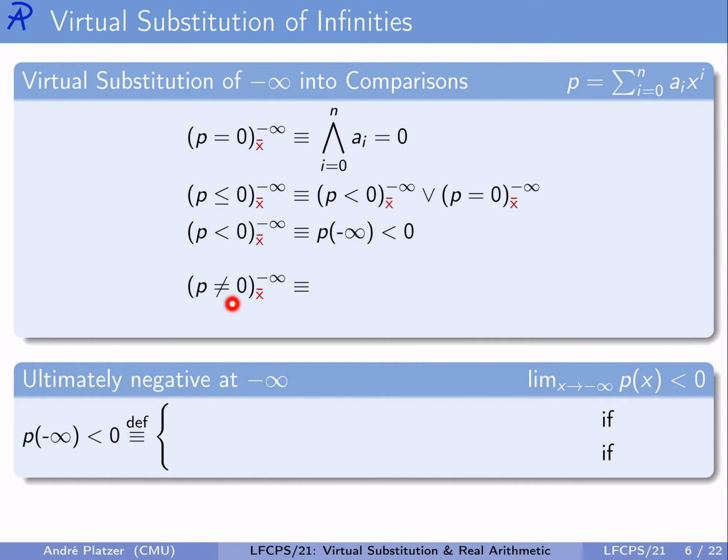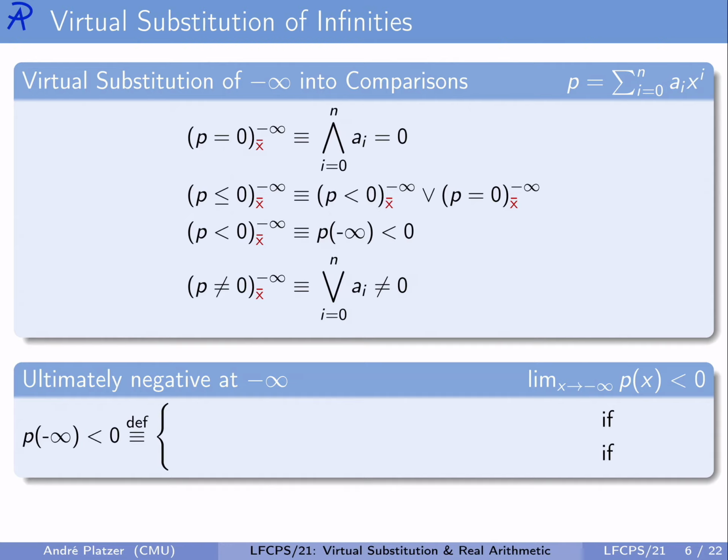And right away go to the next remaining case where we say, well, suppose we would like to plug in minus infinity for x virtually into a not equal comparison. When is p not equal 0 true at minus infinity or an infinitely small number? Well, again, this would be true as long as not all the coefficients are 0, right? It's precisely the opposite of the equation being true.